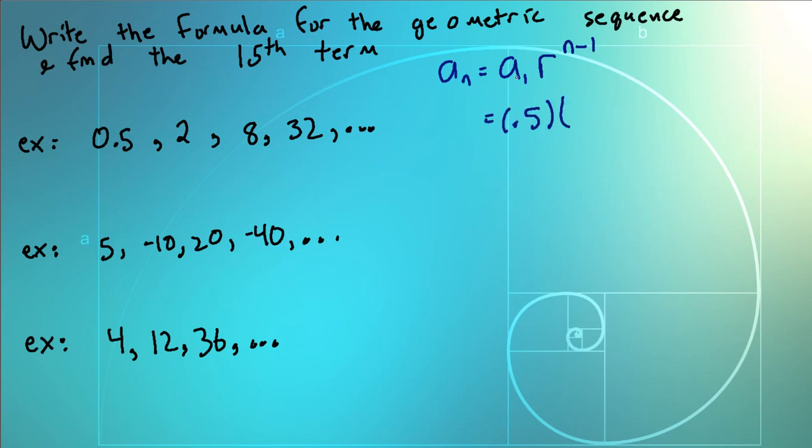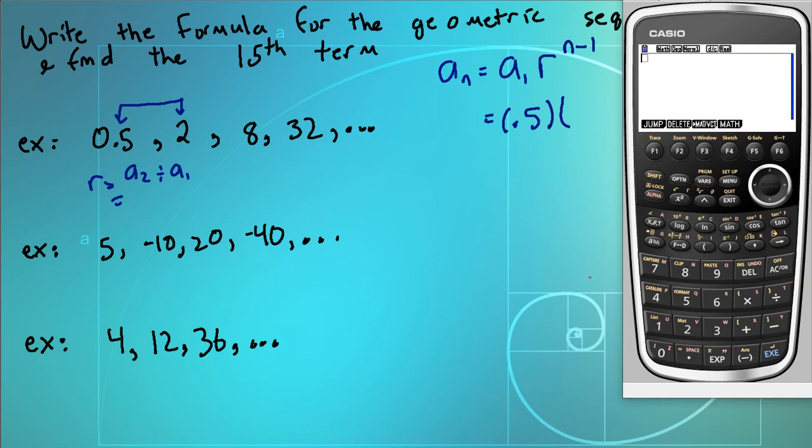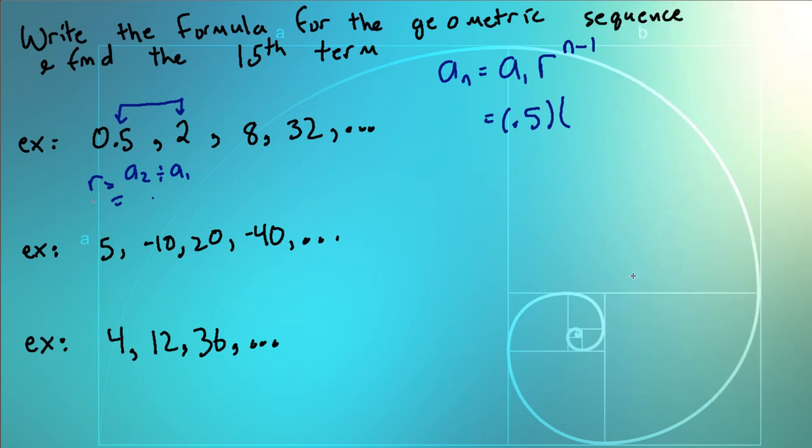We need to know our ratio, and I don't know that right away, but I can find it by doing the second term divided by the first term, or any two, just so long as the term further along goes first. So I'll do 2 divided by 0.5, and I get a ratio of 4. So that means I'm multiplying by 4 each time.